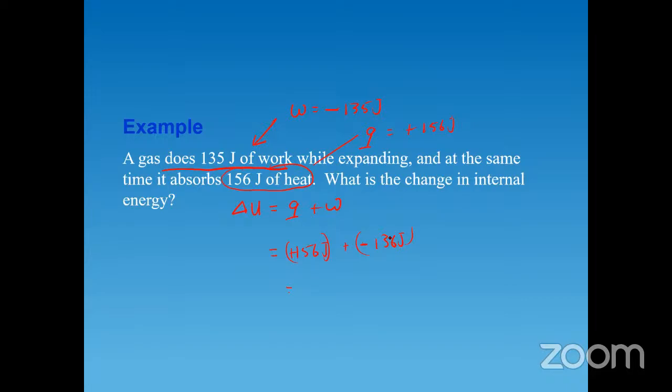This looks like 21, yeah, 21 joules, all right? And that's it. So it's a simple example, but you have to pay attention. You have to look at how the question is worded so you can tell whether or not the different quantities are positive and negative, all right?